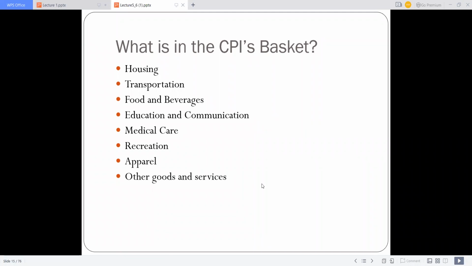I was asking, if the nominal income is high and the CPI is high, does that mean that we have high purchasing power?